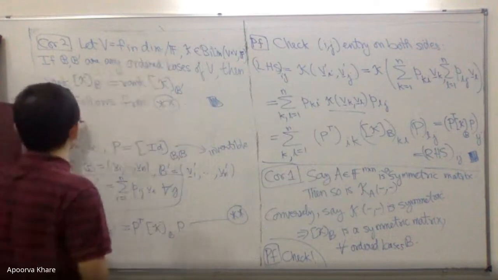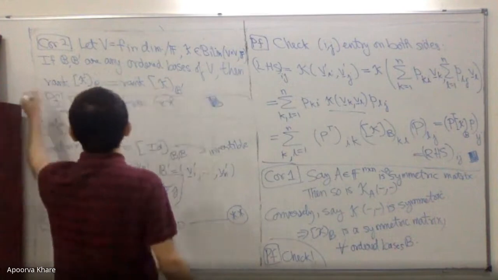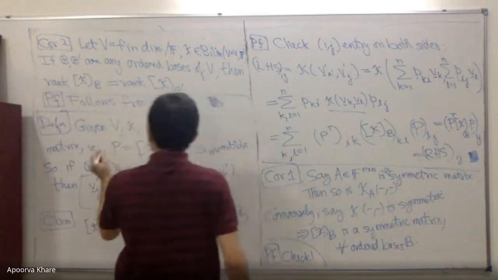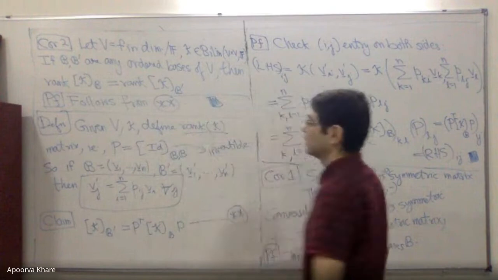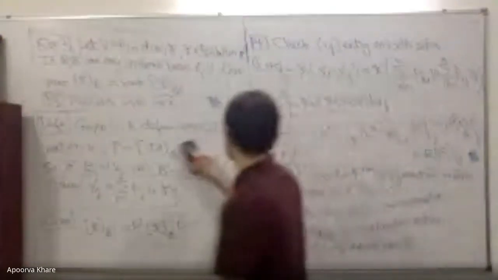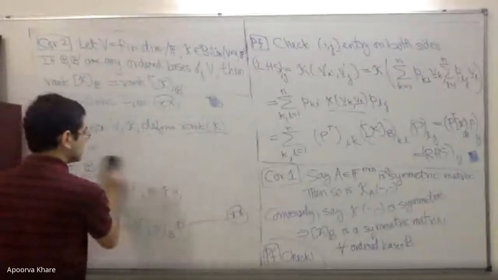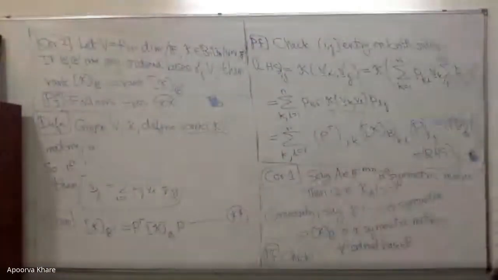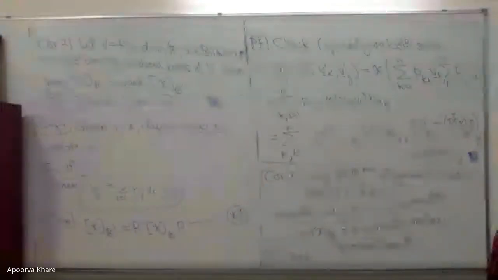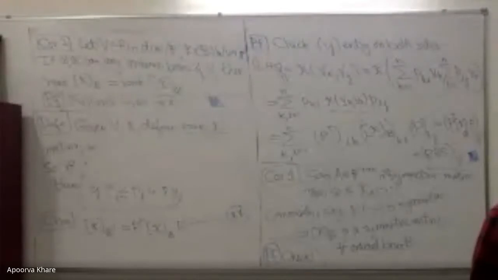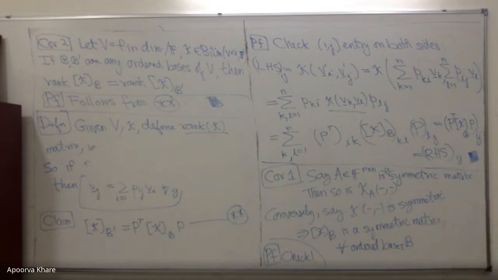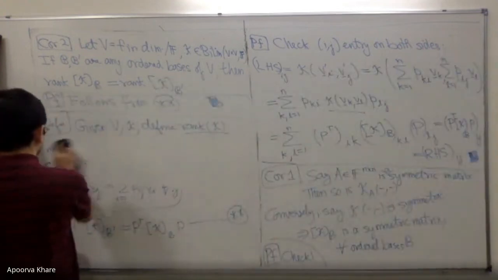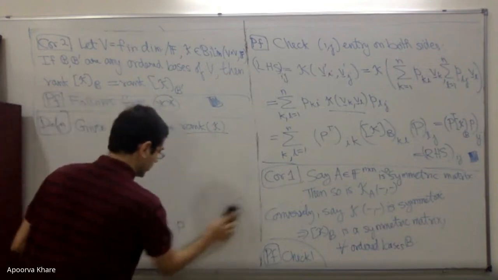But as a result, one can define, thus given V and such a kappa, the rank of kappa to be the rank of kappa with respect to any ordered basis.